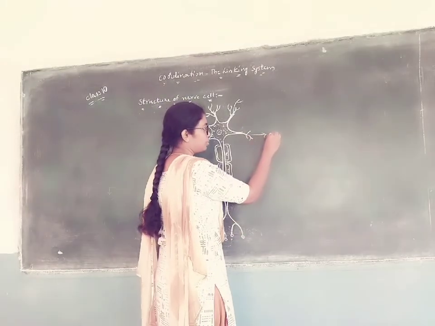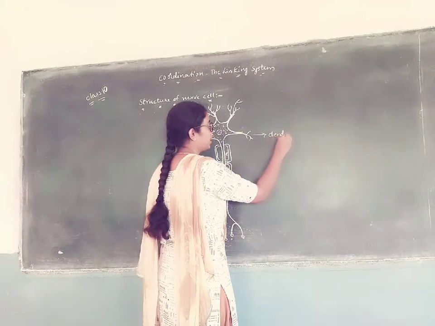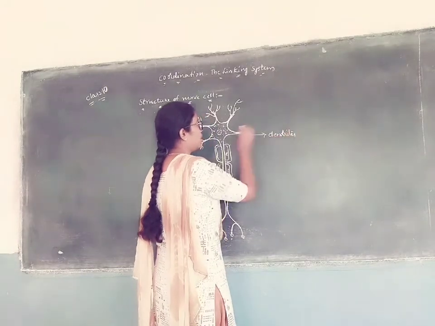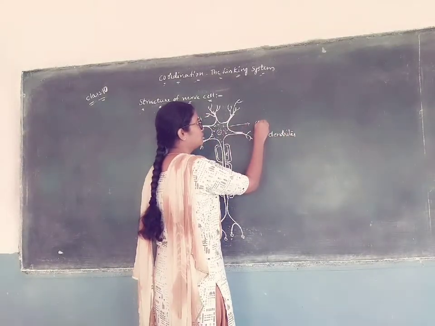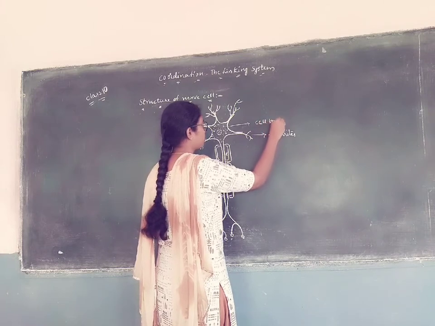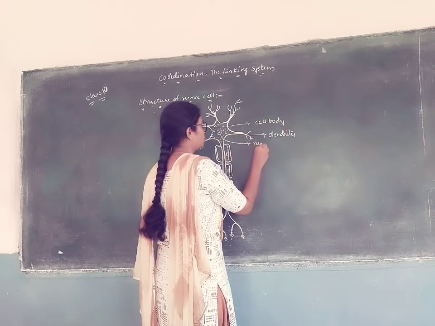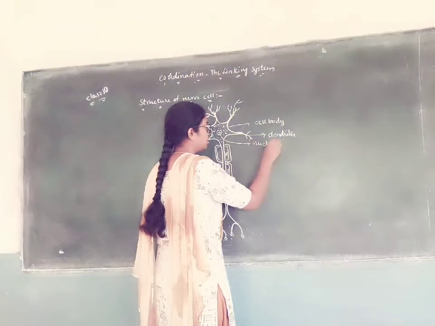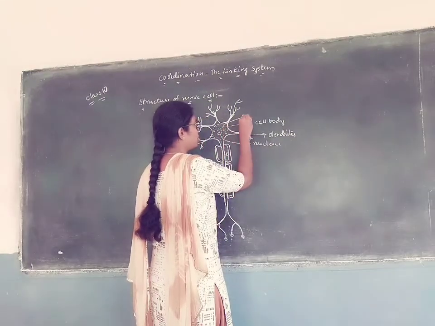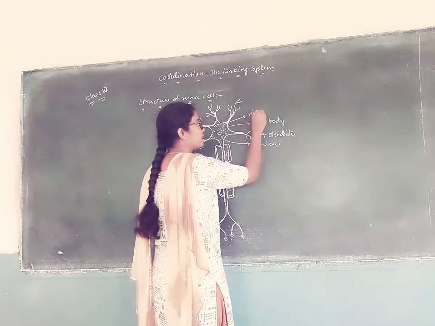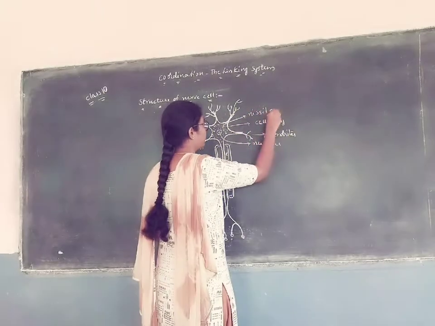These hair-like projections are called dendrites, and this is known as the cell body, and these are known as the nucleus, and these small colored dots are known as Nissl granules.